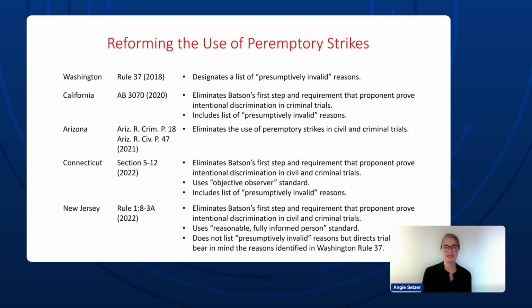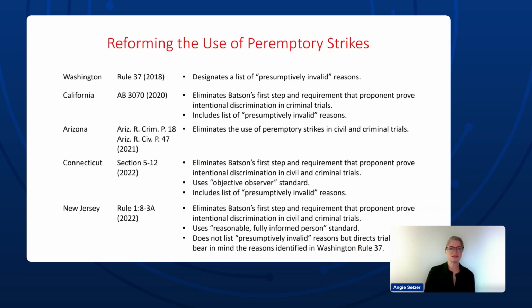Connecticut and New Jersey have used a similar list of presumptively invalid reasons. They also have eliminated Batson's first step and the requirement that the proponent prove intentional discrimination. And instead, in Connecticut and New Jersey, they are using more of an objective observer standard or a reasonable, fully informed person standard, meaning that if that person were to believe, based on the information available, that the prosecutor engaged in discriminatory conduct, then the Batson challenge would be granted or the strike would be denied.